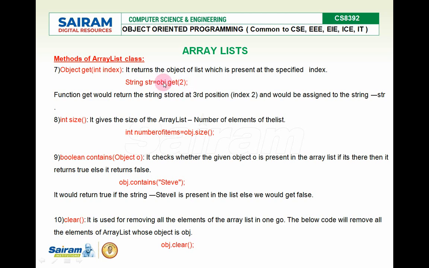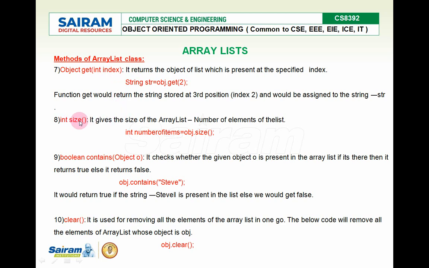In the obj array list, the element at index 2, I mean the third position, will be returned to the str, assuming that we are handling a string array list. So the element in this index, from the third position, will be fetched and given to the str. That is, we are getting the object at this index. That is what get(index) does.